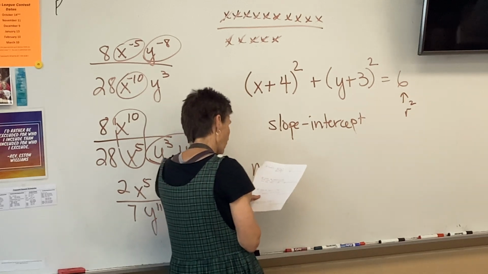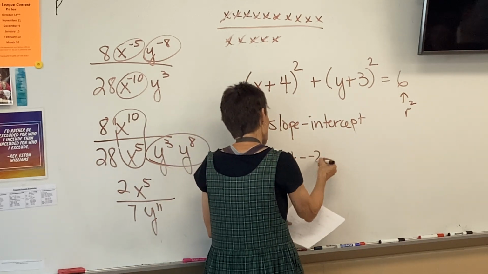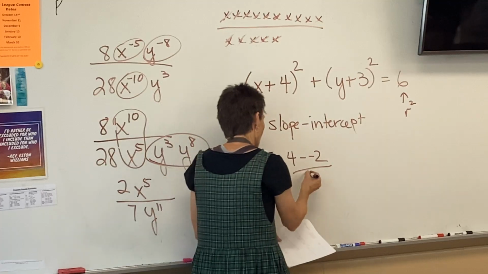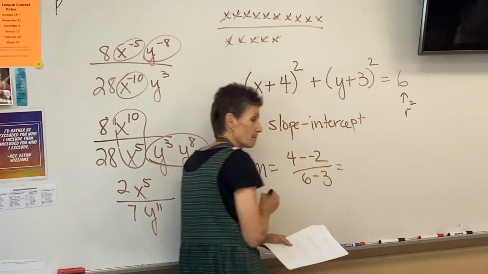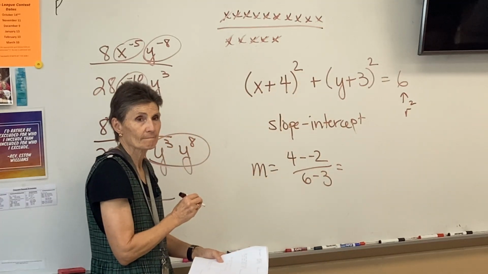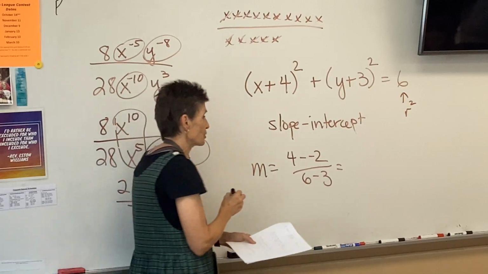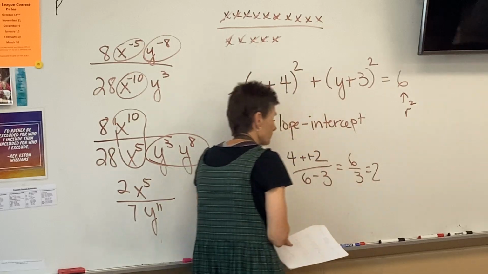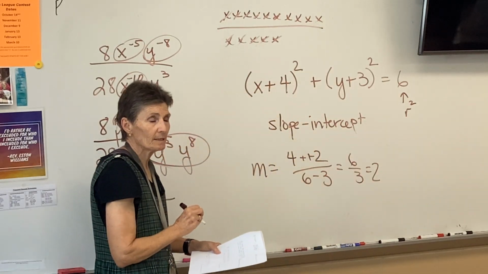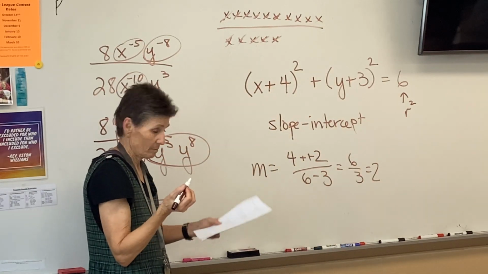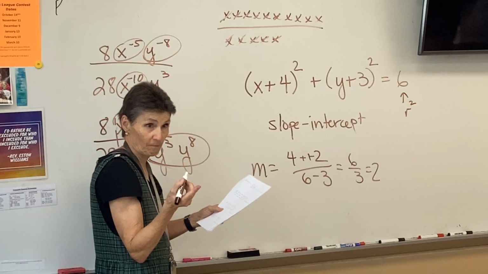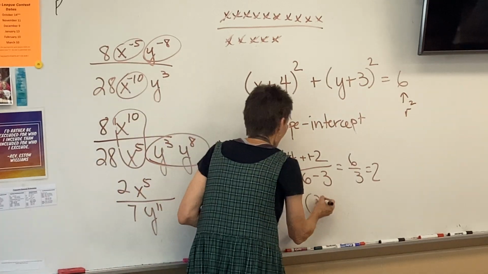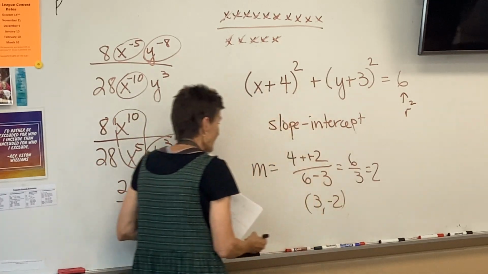So the slope will be 4 minus negative 2 over 6 minus 3. So the slope is 2. Then, Ryan, I'll pick a point, and it looks like you were using the first one. Doesn't matter. He's using that one.